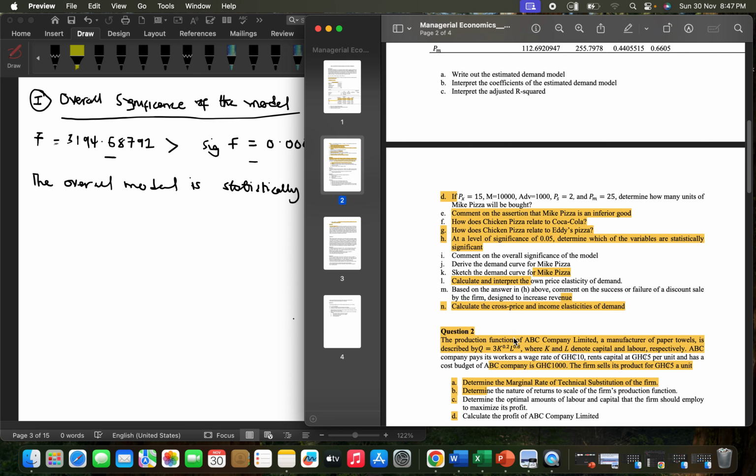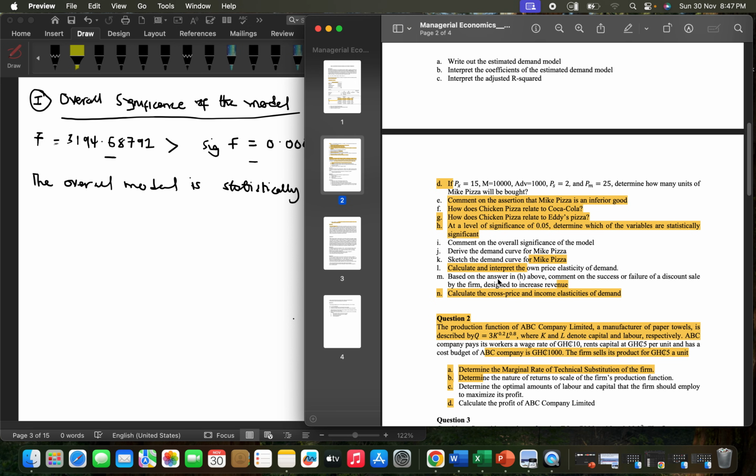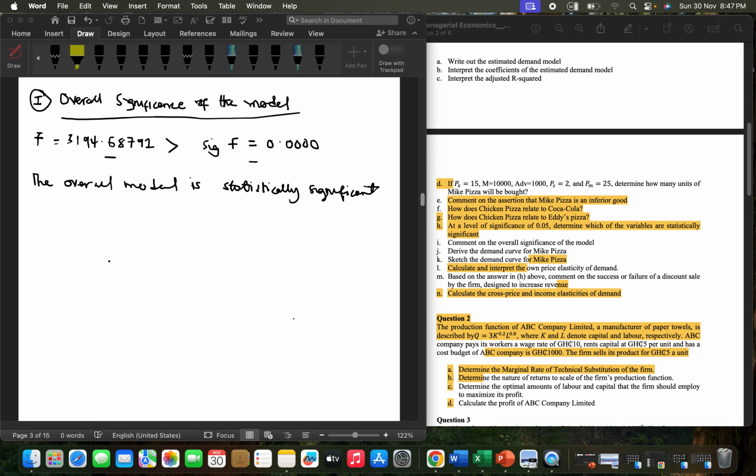The G, where is it? This is the G. Derive the demand curve for Mike's Pizza.